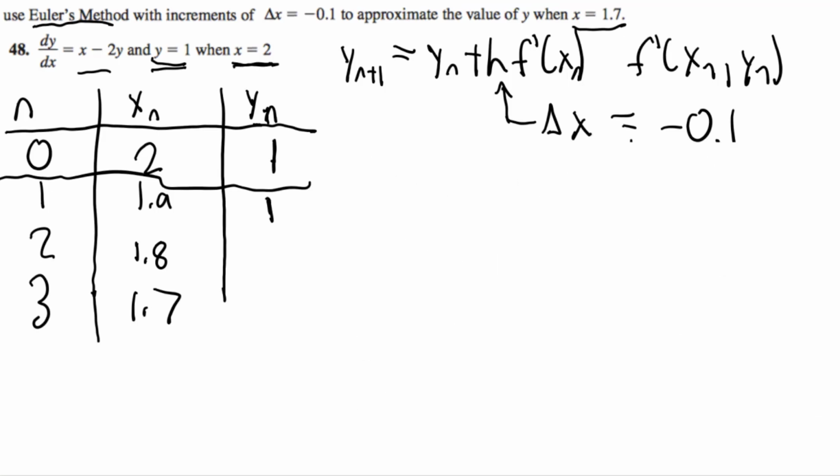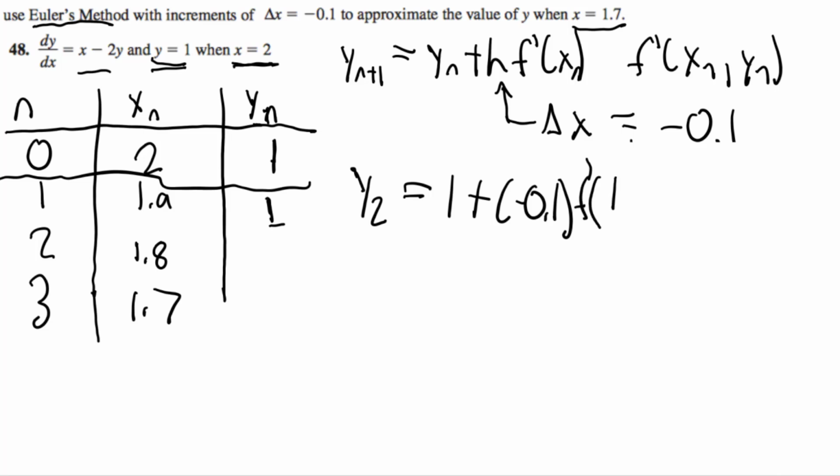So our next step is going to be to find y2. We'll use this formula again. We'll do y sub 2 is equal to y sub 1, for which we got 1, plus the value of h, which is negative 0.1 because it's our change in x, times f, the derivative at our x value of 1.9 and our y value of 1.